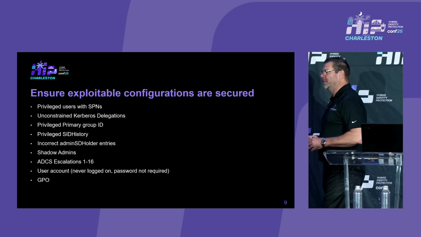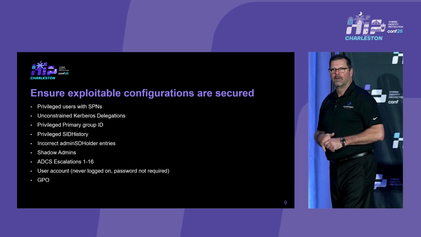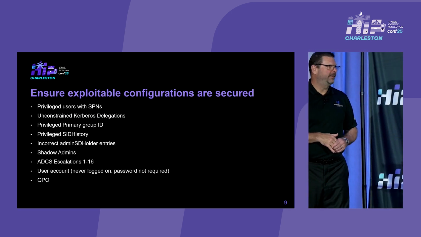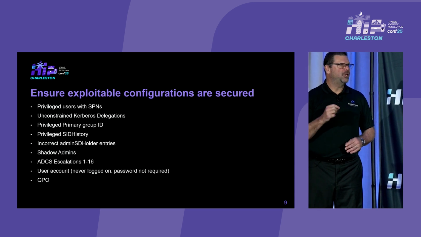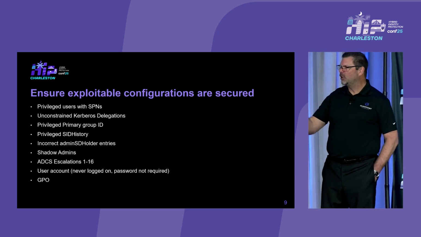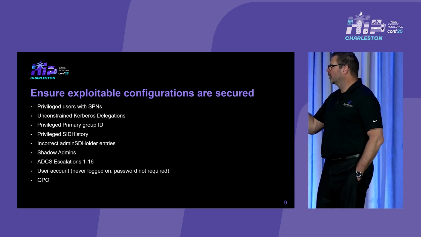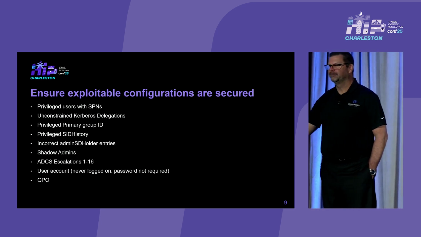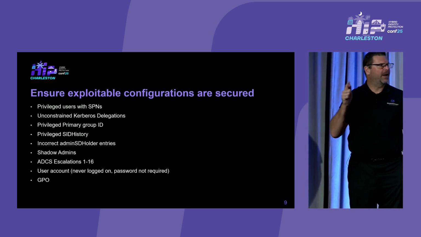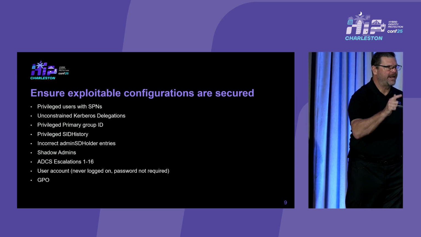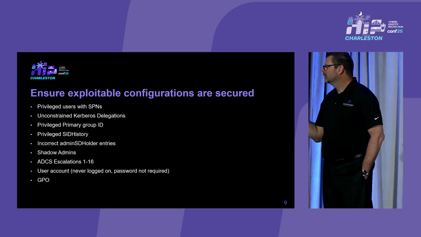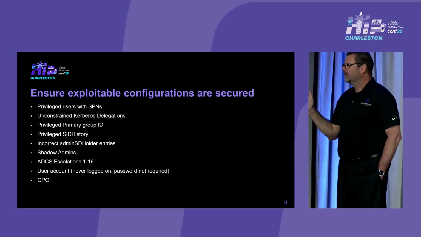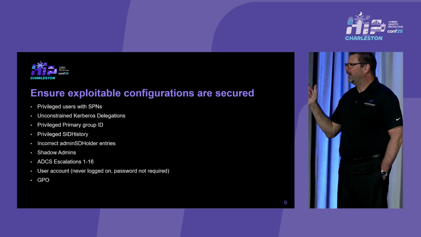But I've also added a third one now. The other shadow admin that I look for is users that can create users or create computers. Why would I be looking for accounts that can create users and create computers? Everyone's heard about the SAM account name vulnerability.